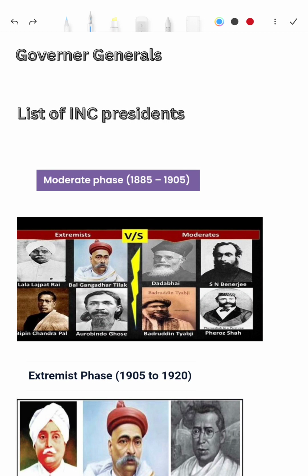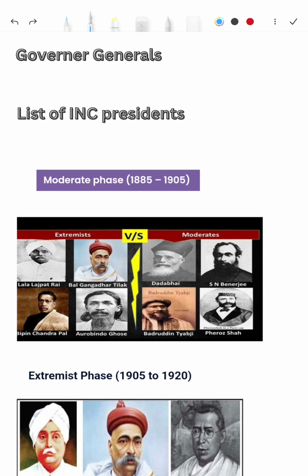With the formation of the Indian National Congress in 1885, the moderate phase begins. In the initial period, the nationalist leaders' approach towards the British authorities was more or less moderate, as they did not want to disappoint the British authorities regarding the demands they wanted conceded.